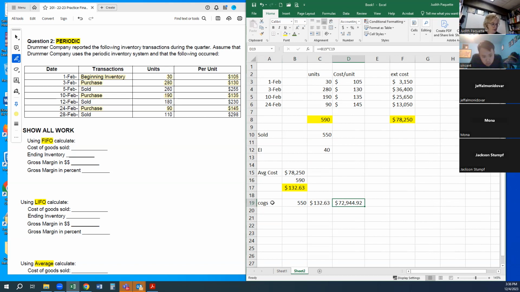So that would be your answer, and ending inventory is going to be 40 units at 132.63. I don't want pennies for the exam, please. Just round these up. So 72,945 and 5,305. Does that make sense now, Ryan? Yay. Okay.